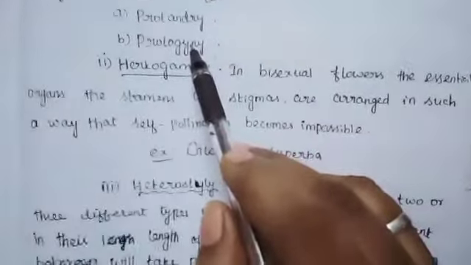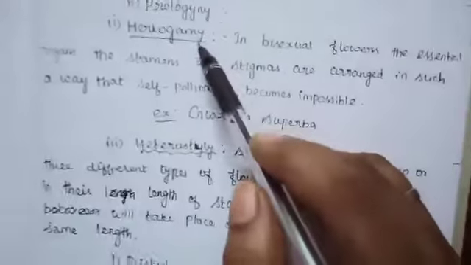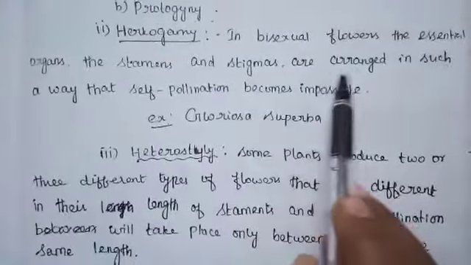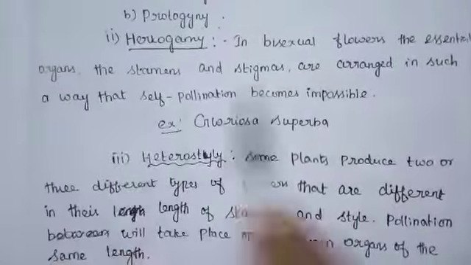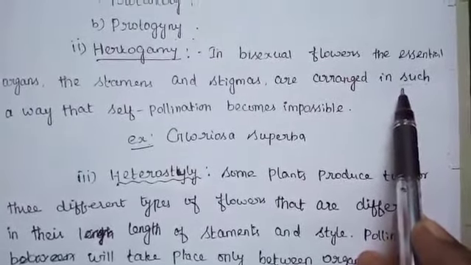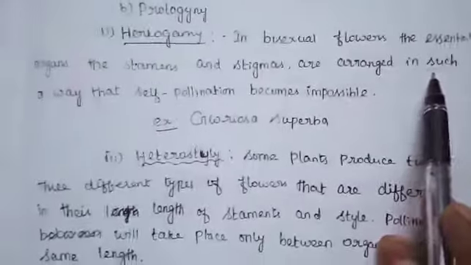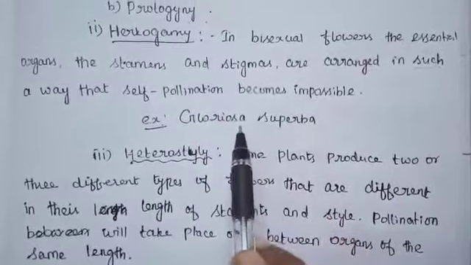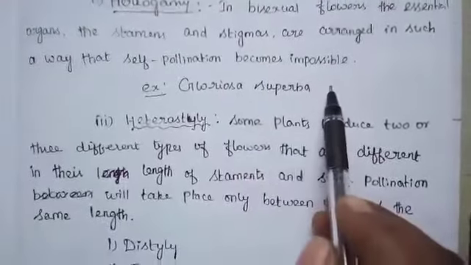Example, Scrophularia nodosa. Next, herkogamy. In bisexual flowers, the essential organs, the stamens and the stigma, are arranged in such a way that self-pollination becomes impossible. Example, Gloriosa superba, also Hibiscus.